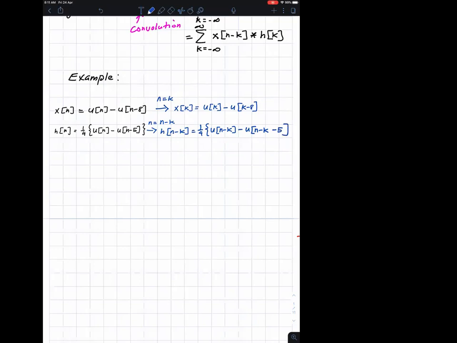Okay. After doing that, we're going to plot these signals. So let's plot x[k] first.